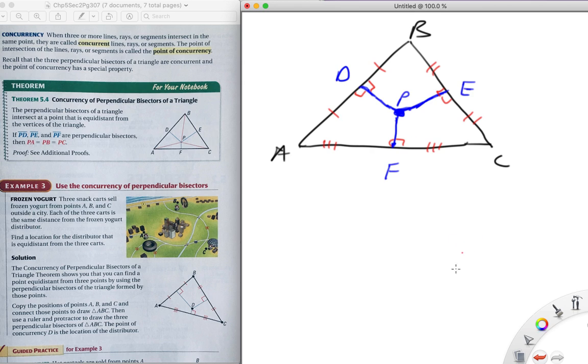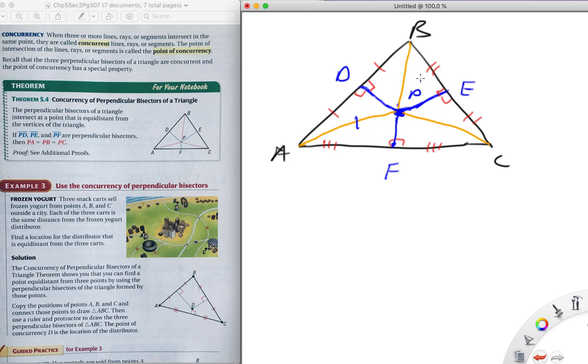And what the concurrency of perpendicular bisectors of a triangle theorem says is that if I have a point of concurrency of the perpendicular bisectors of a triangle, and I create a line from that point of concurrency to the vertex of each triangle, and again, not to scale, then those three lines, the yellow lines, would be congruent.